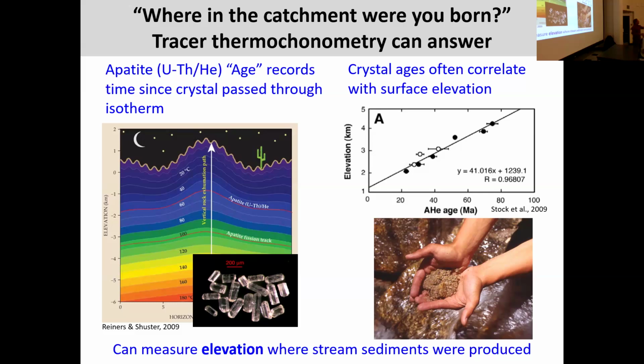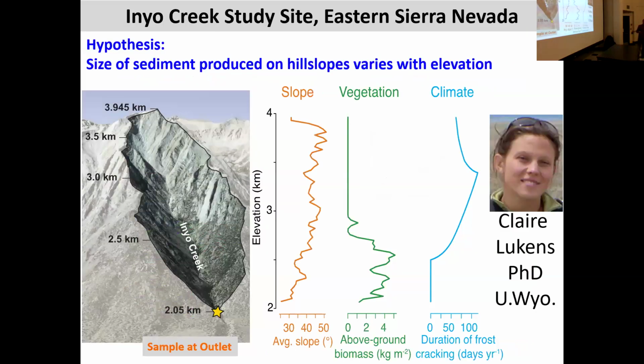You also have to go and collect the bedrock data to get this relationship, but we were working in a place where it was already worked out. So this was the PhD dissertation work of Claire Lukens, who's now professor at UC Merced. And we were working in this watershed, the Inyo Creek watershed, which has 2 kilometers of relief and about a 4 square kilometer catchment.